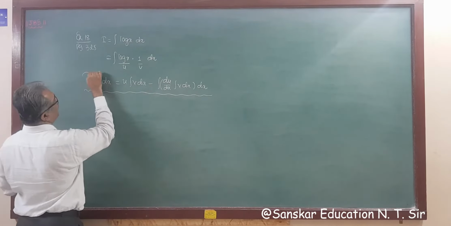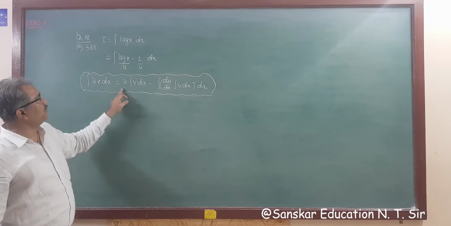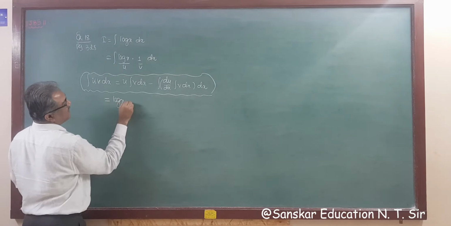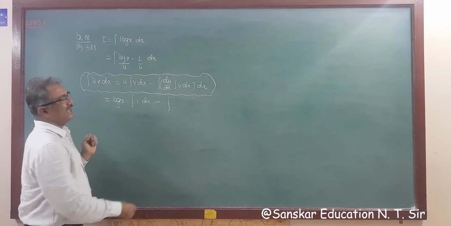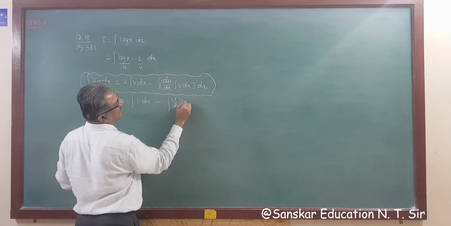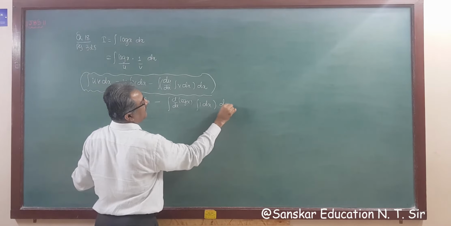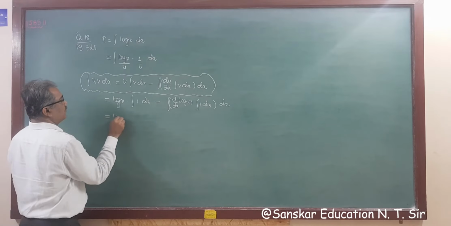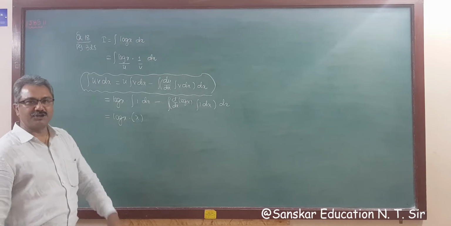So apply this formula: u is log x, so log x as it is, integration 1 dx, minus integration d dx of u, which is log x, so d dx of log x, integration 1 dx, bracket over dx. So this is equal to log x into integration 1, which is x, that you know, right?